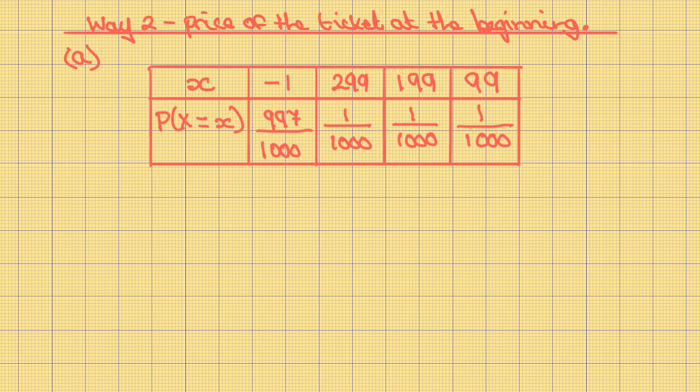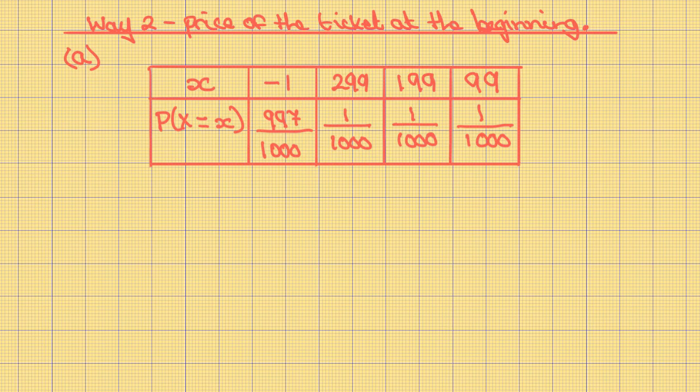Way 2. Price of the ticket at the beginning. Doing it this way, the value of X takes 4 different values. If you don't win, it is the same as losing $1. If you win first prize, you actually win $299.